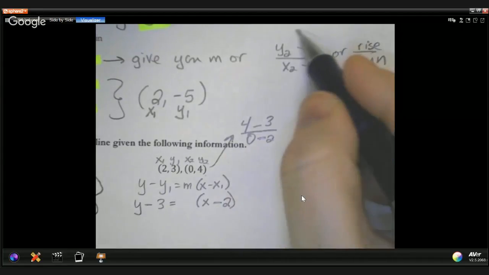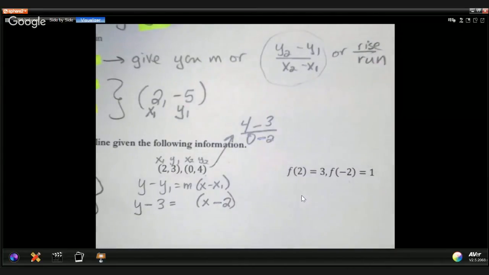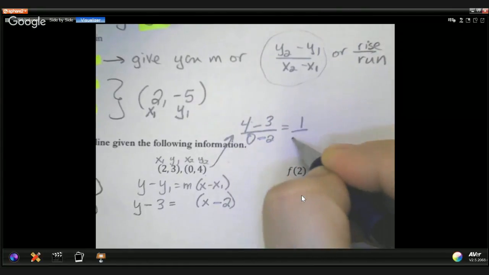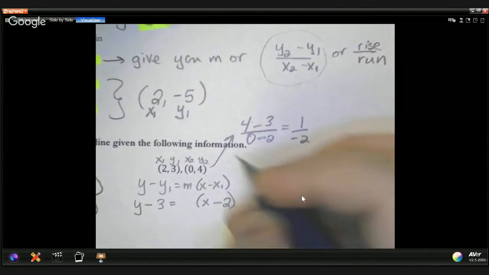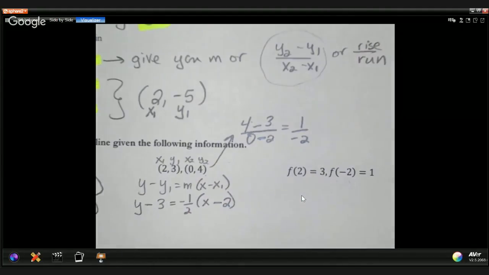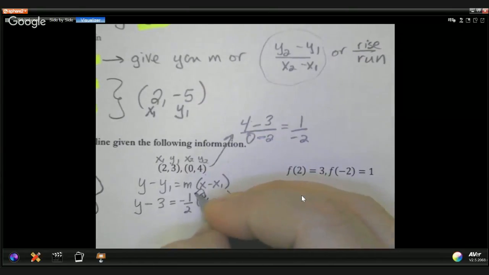We did a bunch of this. You should be pretty good at those by now. 4 minus 3 is 1 over -2. So that means my slope is -1/2. It's not good to keep a negative on the bottom of the fraction. You need to put it in the middle or put it on top. So now I'm going to distribute my negative.